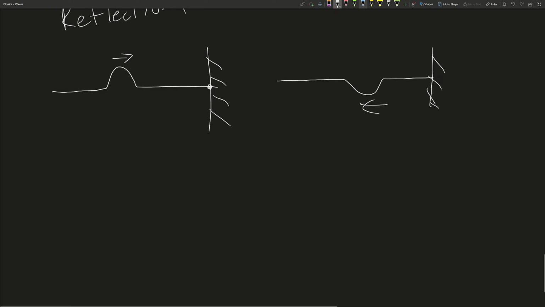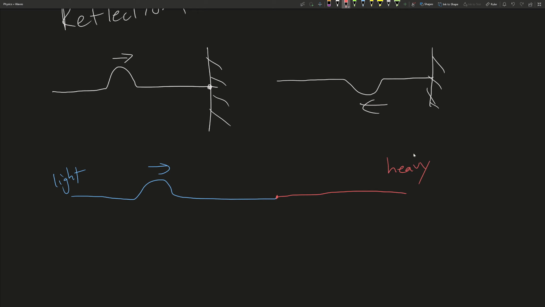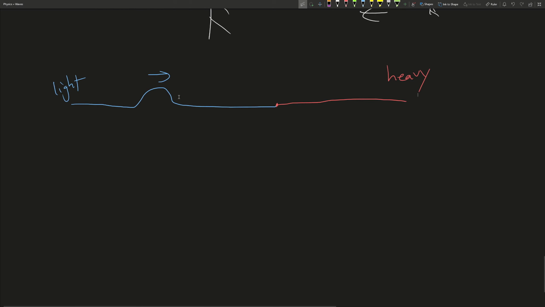Let's say you have a light string here and you have a wave traveling on this. So this string is light, or less dense. And then it meets up with a heavier string here. So this is heavy, or more dense. Now this wave isn't just going to pass completely through to the heavy string.